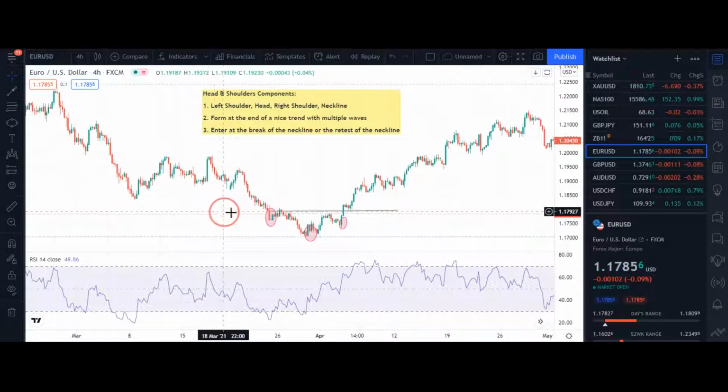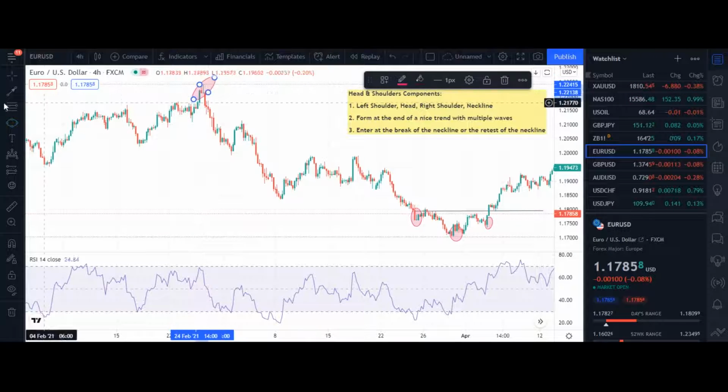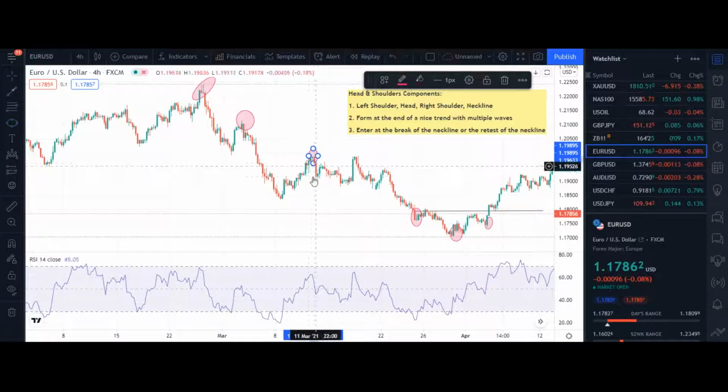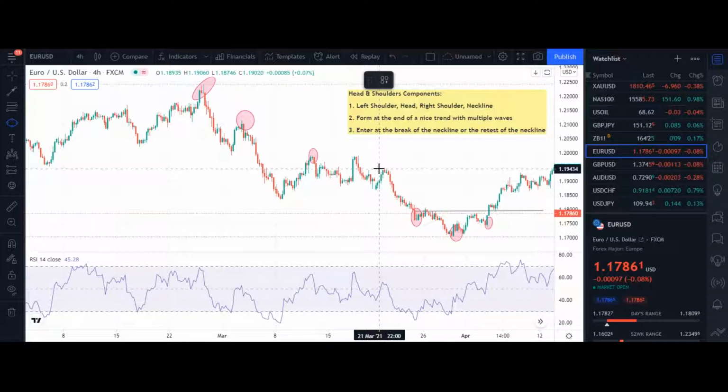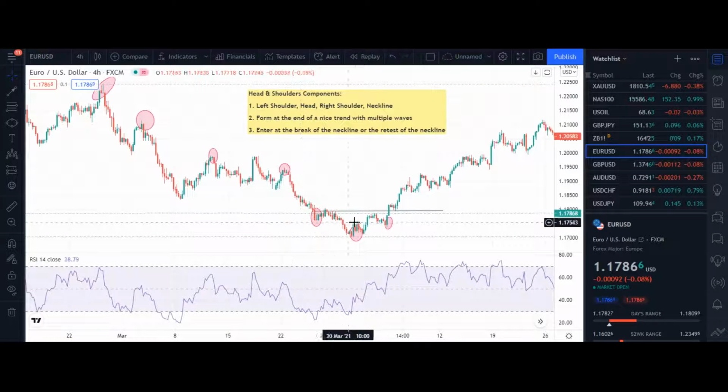This is really at the end of a nice trend. So you see here you got lower highs forming. Price kind of stalls out and then it falls back down again. You got nice pushes to the downside, and then finally, price is ready to reverse.